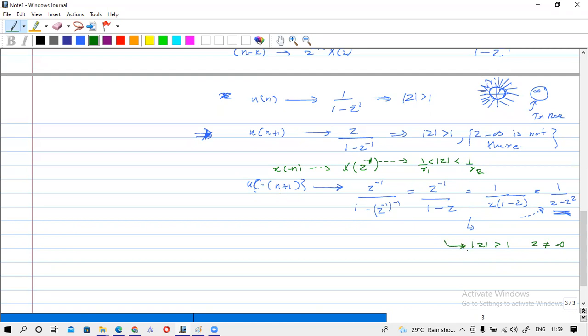And how to find the time reversed one? This will be 1 over the region. So this will be |z| less than 1 and z not equal to 0, correct?